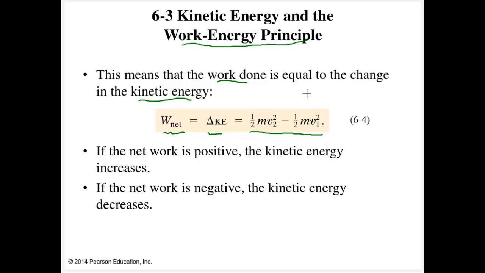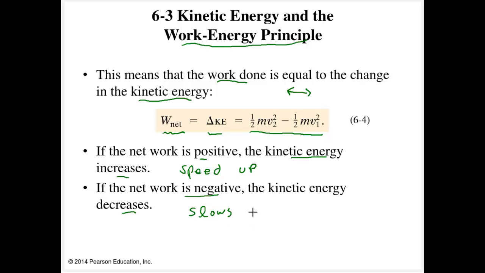This type of motion assumes that it's a simple left-right object speeding up, slowing down, not going up or down, at least not yet. Now, if the net work is positive, then the kinetic energy has increased. In that case, that's where we've done something where we speed up. The work was done in the same direction as the motion. If the net work was negative, then the kinetic energy decreases.